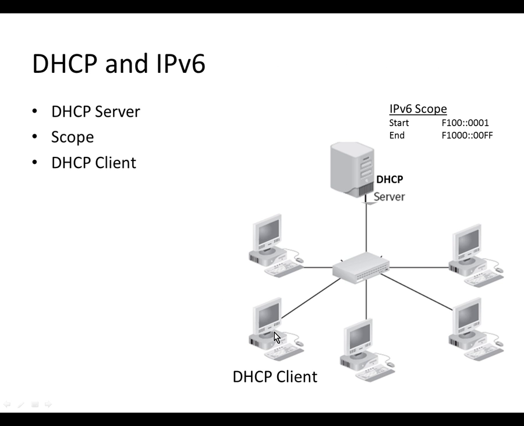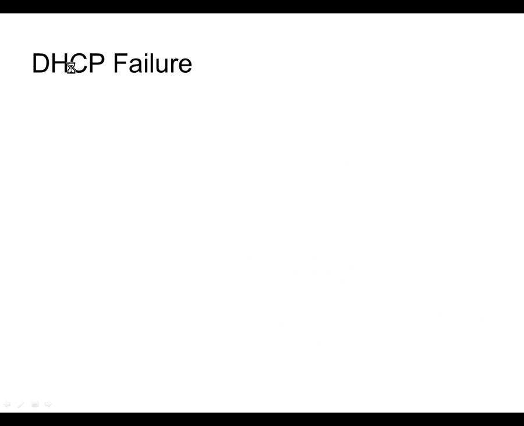The DHCP client powers up and sends a signal to the DHCP server. The DHCP server has a scope or a range of IPv6 addresses, and it pushes the first available address down to the client. IP version 6 for DHCP, very similar to IPv4.